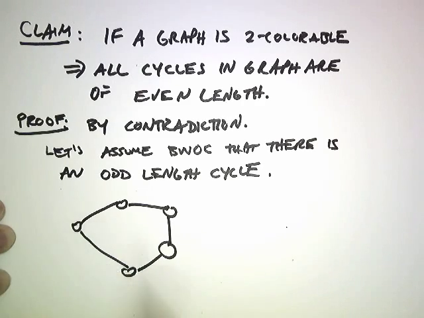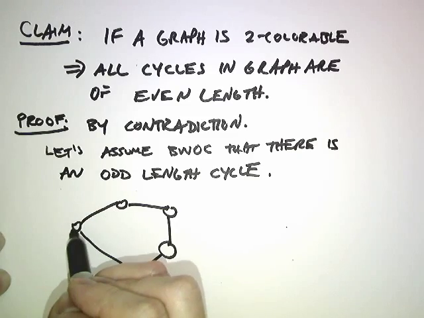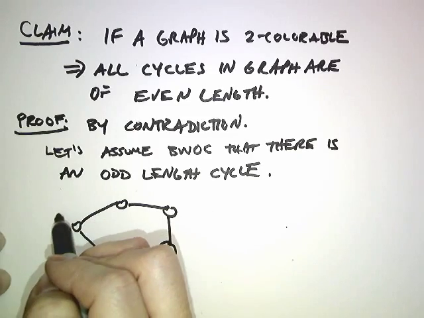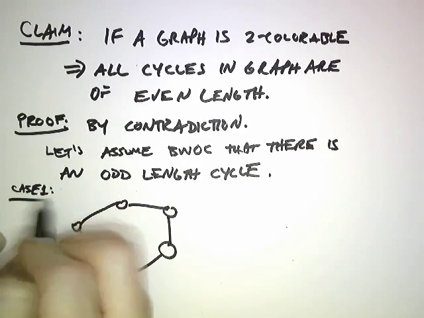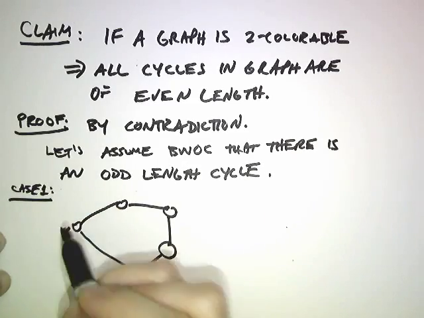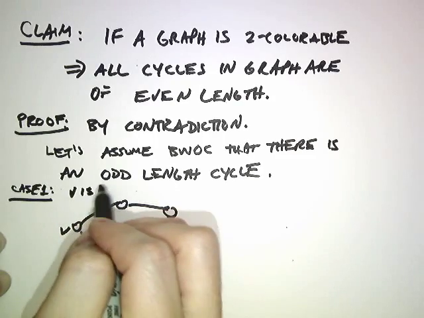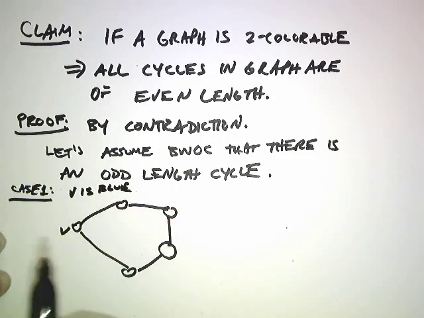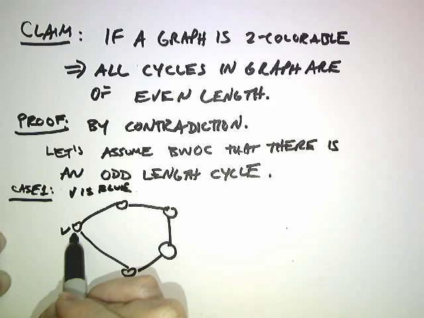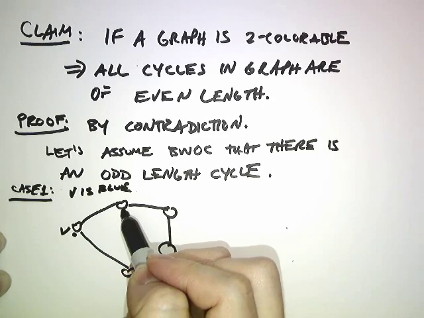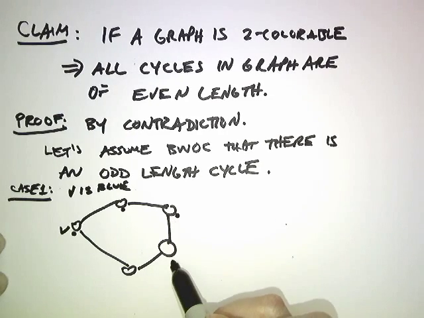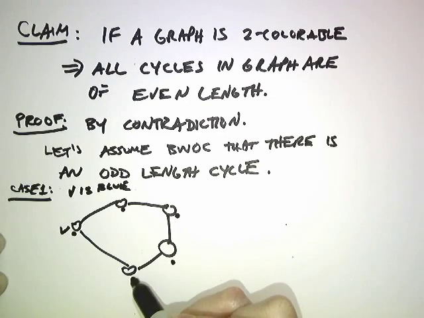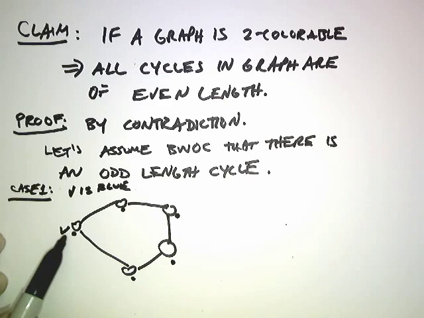So this vertex here, it's validly two-colored. So let's look at this vertex V, case 1. Let's assume that V is colored blue. If V is colored blue, it means this vertex has to be red, this vertex has to be blue, this has to be red, this has to be blue, and that's a contradiction because V was originally blue.